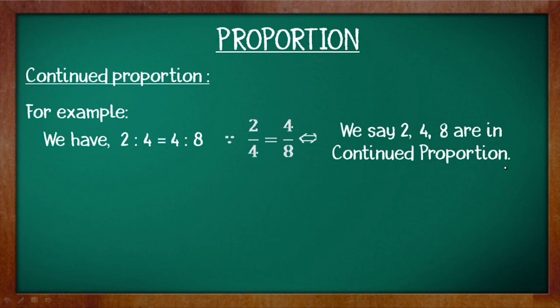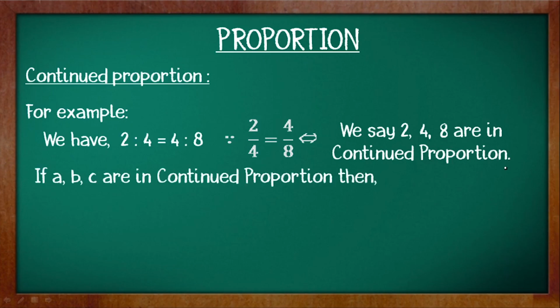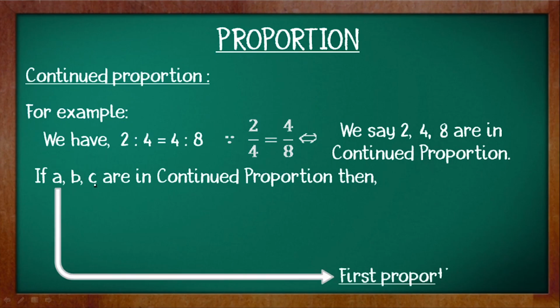Let us see a few terms that are related with continued proportion. If a, b, c are in continued proportion, then a is to b will be equal to b is to c. At that time, the term a is known as the first proportional.